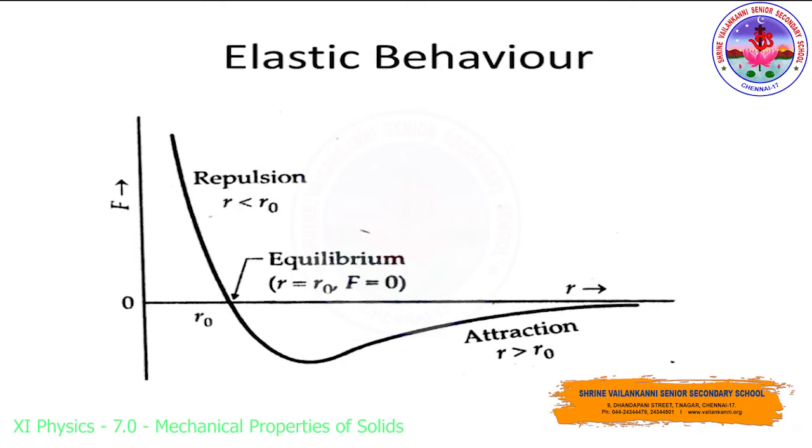Through the graph, you may understand the variation of the interatomic force F with the position r. At r equal to r naught, that is the stable equilibrium. If r is less than r naught, we can say F is repulsive. And for r greater than r naught, the force F is attractive.